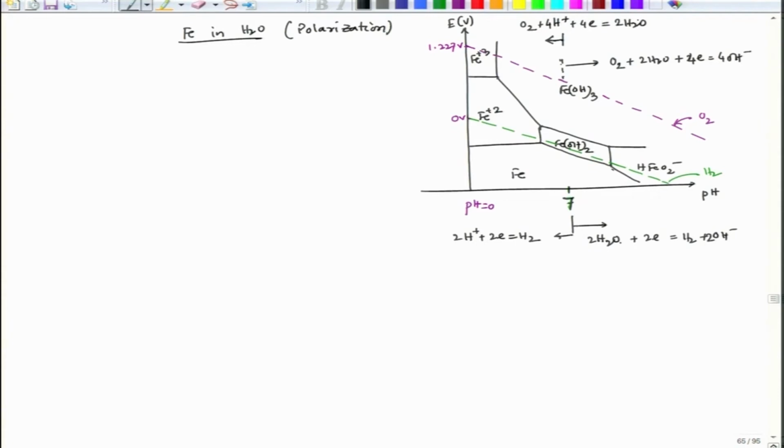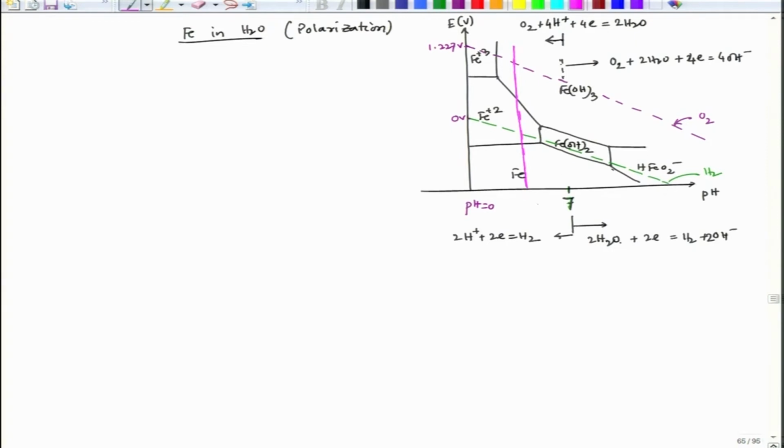Fine. Now, if we arbitrarily take any pH, let us say this is the pH I consider.